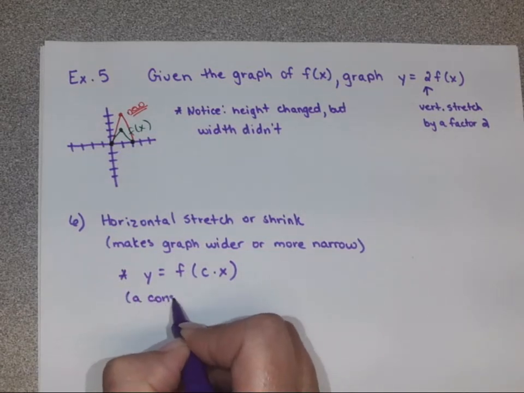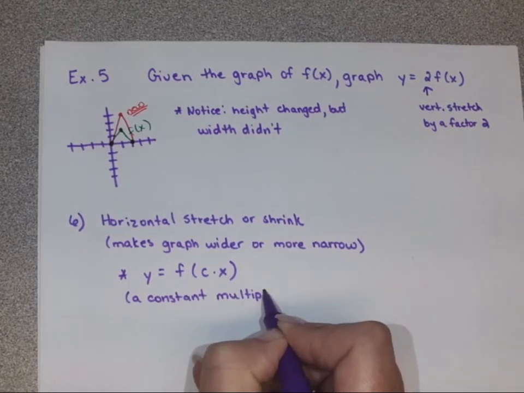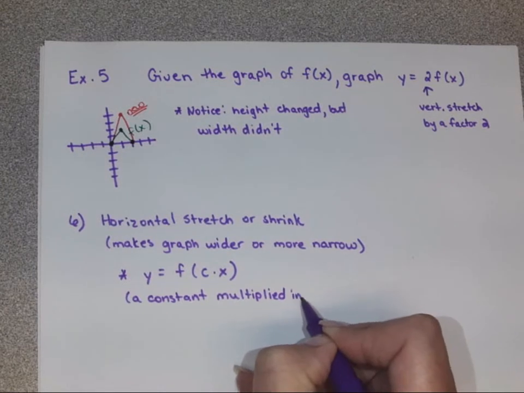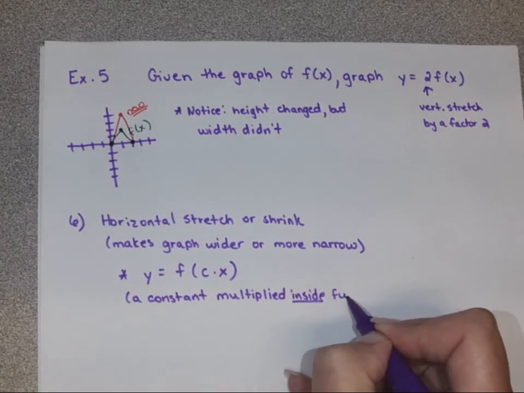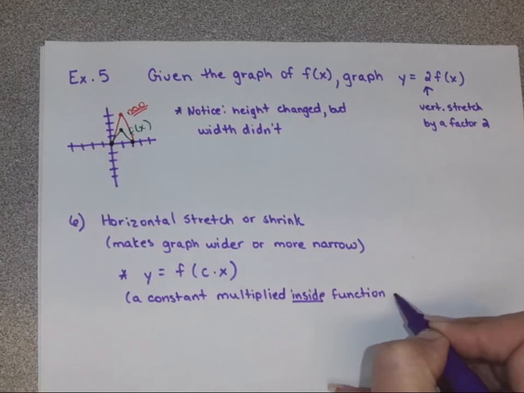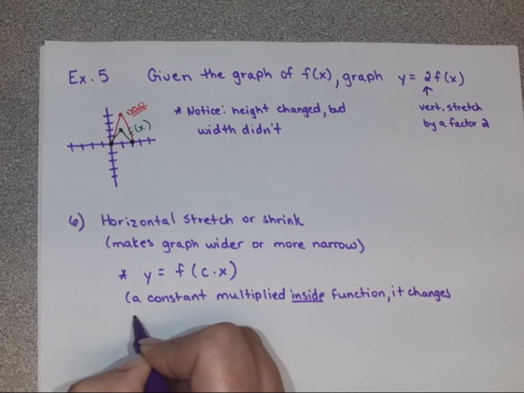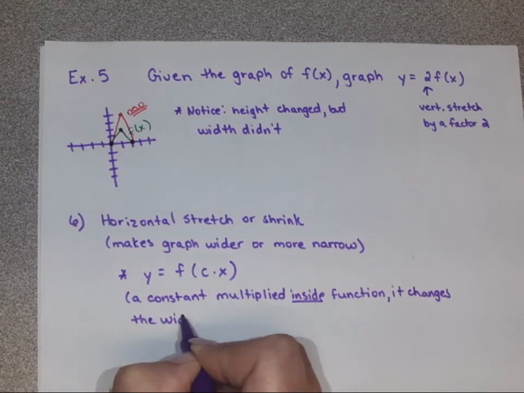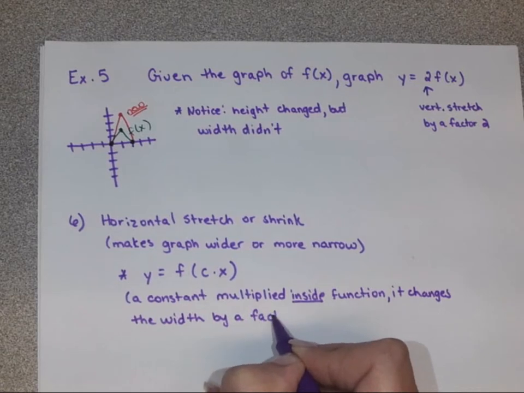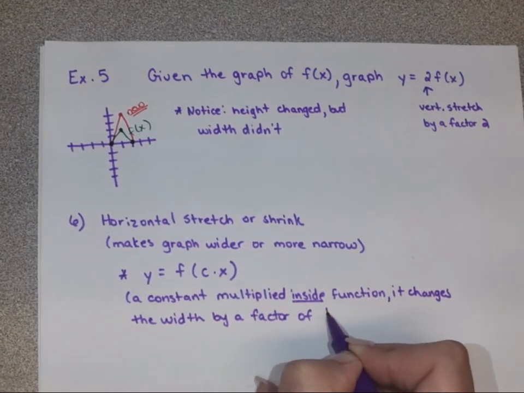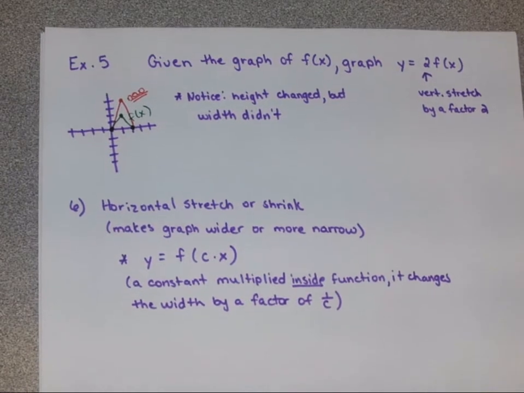So if you have a constant multiplied inside a function, and I'm going to underline inside, it changes the width, not the height, but the width, by a factor of 1 over c. And that's weird, right? Instead of a factor of c, it's 1 over c.